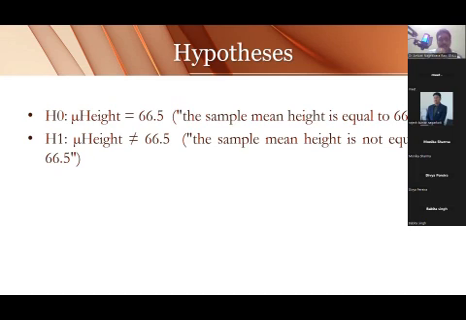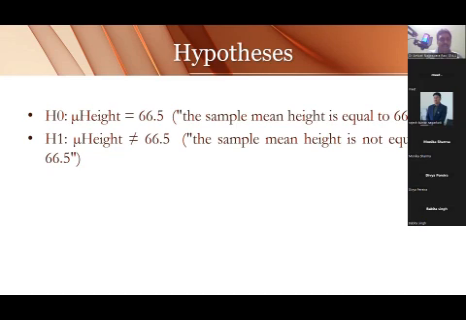Now, as I'm coming from Gujarat and working in Gujarat, I want to collect the data from the Gujarat state itself. So I decided that I'm going to collect data from 2,000 people, just to see whether, as the Government of India mentioned, on average people in Gujarat are 66.5 inches. I just want to compare it. So in order to compare, I'm collecting data from 2,000 people in Gujarat. The 2,000 is the sample.